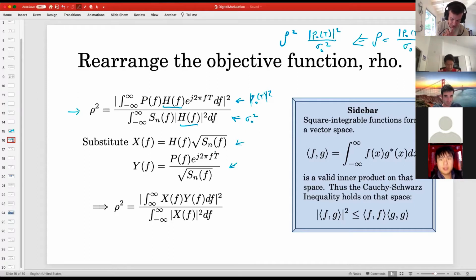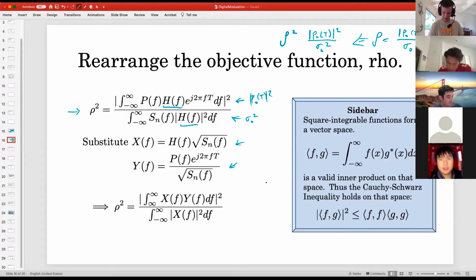The root S_n(f) terms will cancel, and I just get the integrand again. In the denominator, if I square the magnitude of my expression for X, then I get the integrand in the denominator there. So it's a clever way of breaking up the numerator and denominator into these forms. And maybe you're starting to see why I initially didn't type all this up, because this is a pretty hefty argument here.